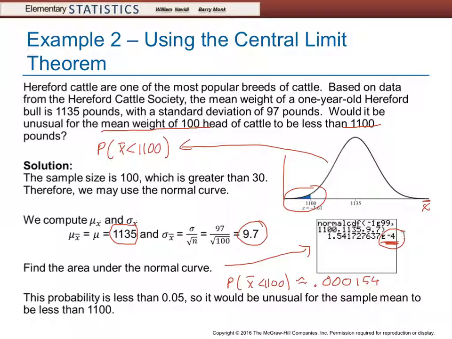This number here is 10 to the minus 4. Okay, so this probability is less than 5%, so it would be unusual for the sample mean to be less than 1100.